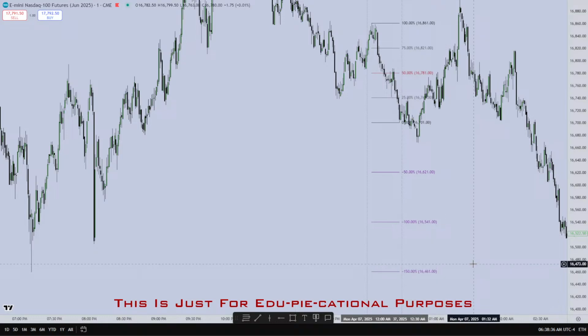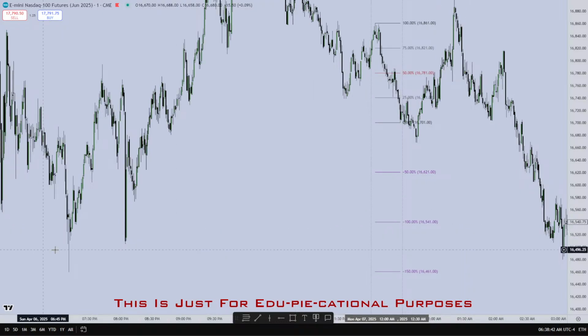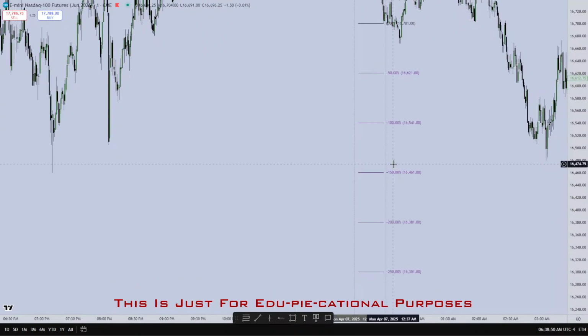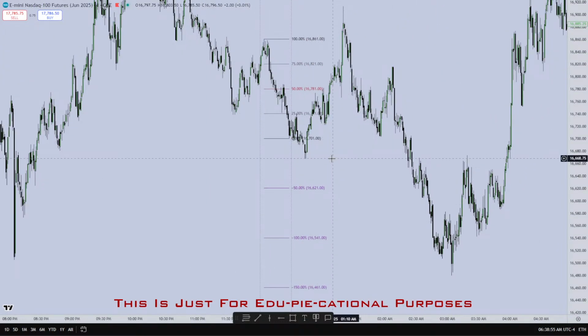It's true that we have this low prior to midnight open, but I was expecting the low to be created around these projections of this measurement.